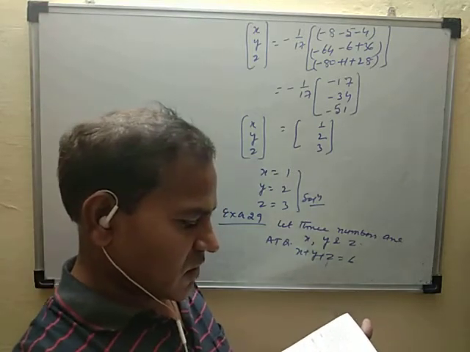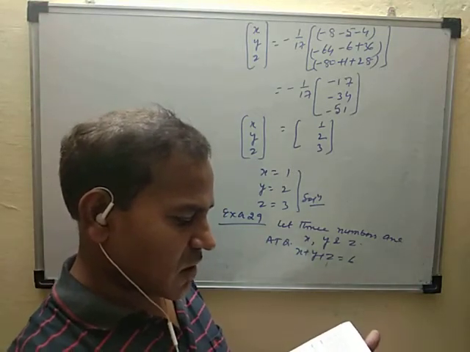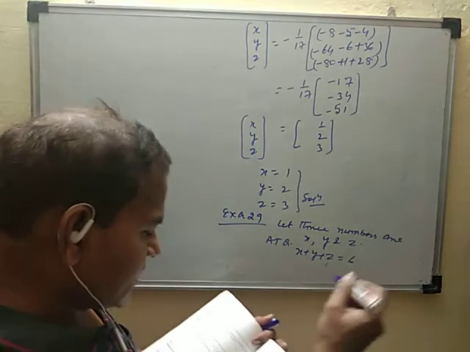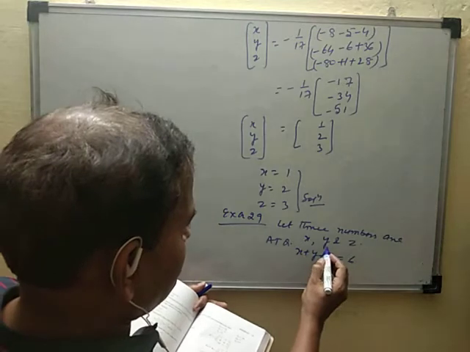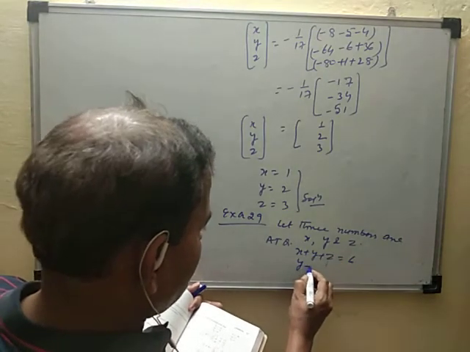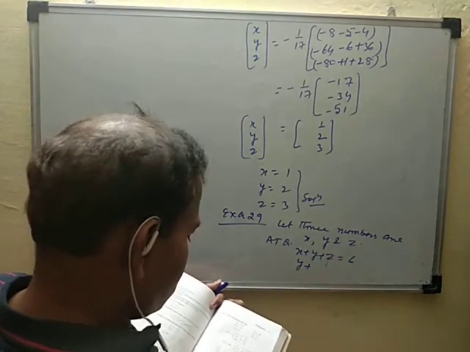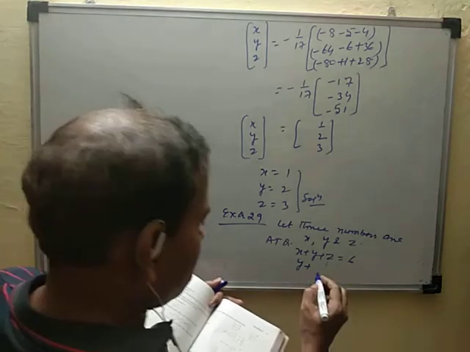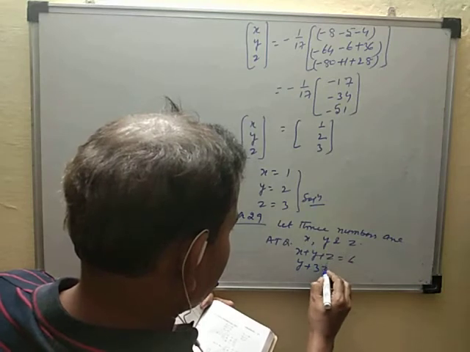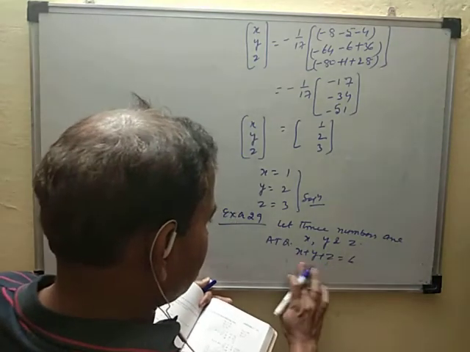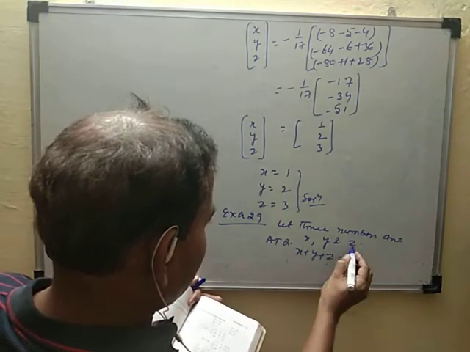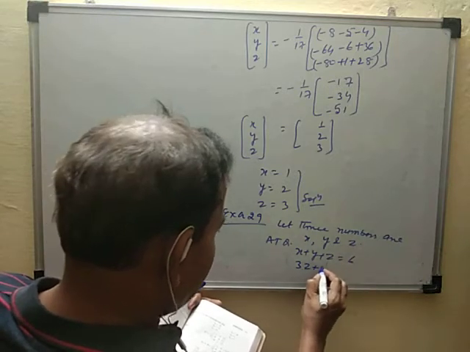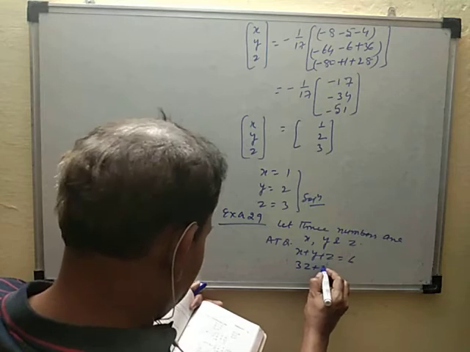And if we multiply the third number by 3 and add the second number, what is the second number? Y. If we multiply 3 by the third number, that is 3z, and add the second number, that is plus y.